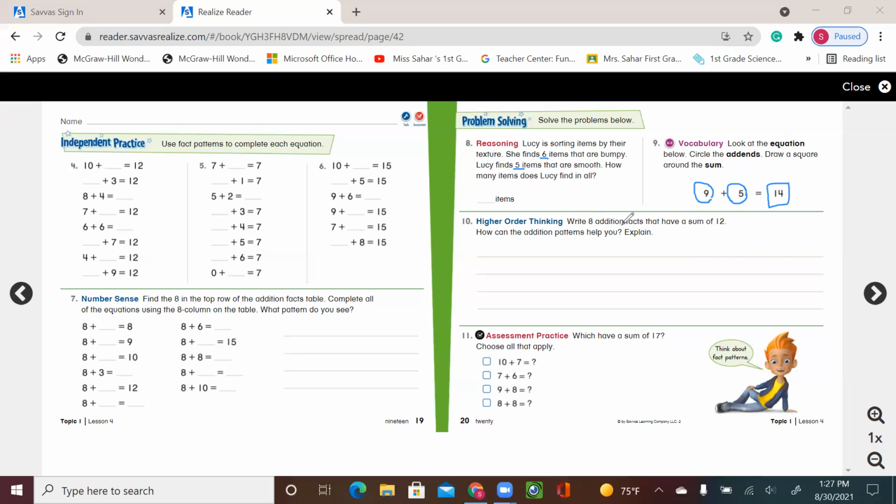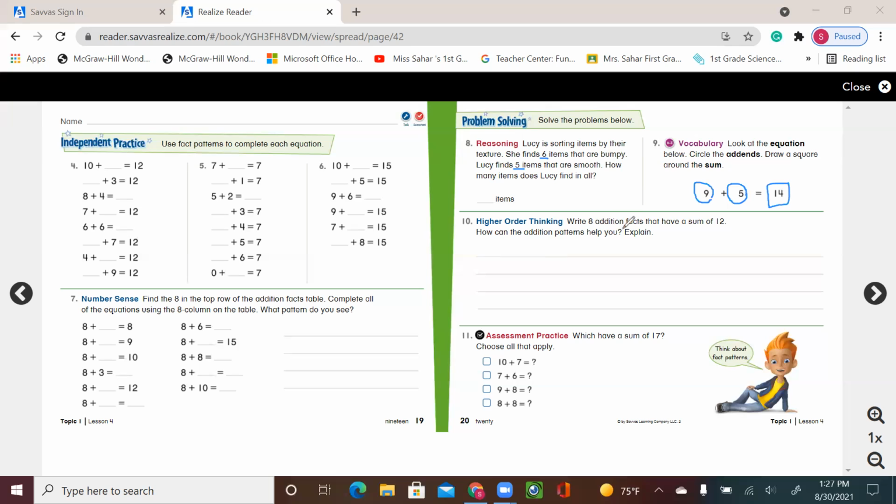Number 10, write 8 addition facts that have a sum of 12. How can the addition patterns help you? Explain. This is what we covered, the pattern. Remember, you're going to start with 10, and then 10 plus what gives you the sum, because it's always easy to make 10. So we're always going to say 10 plus 2.